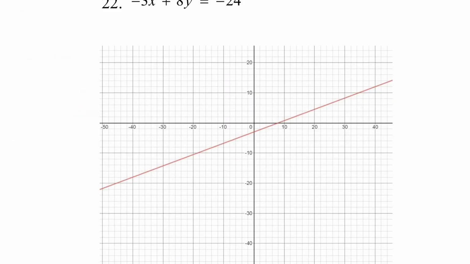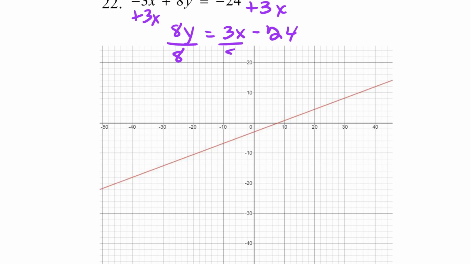Question 22 is the same thing, but we need to add 3x first. And I get 8y is equal to 3x minus 24. Divide each side by 8. And remember to divide everything by 8, not just the 3.